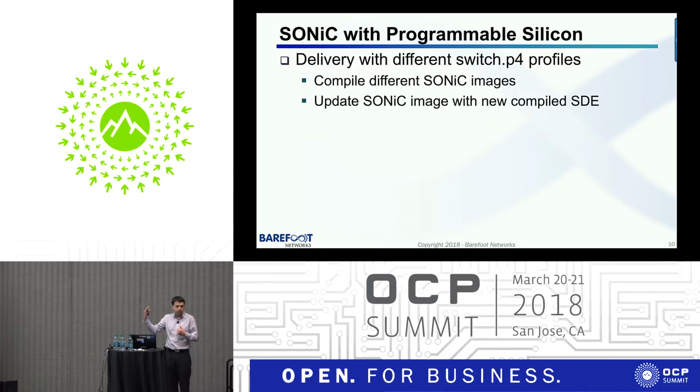On the community side, what we've upstreamed is one profile, one P4 program, one type of image. When we work with customers directly, we can offer them different SONiC images, but really it's coming from us. The other way is that we've had a procedure where we can take a running SONiC image and just replace the ASIC-specific functions, the compiled SDE, with a different binary. Essentially we reload the image and have it run a different P4 program. So these are the things that we've done today.